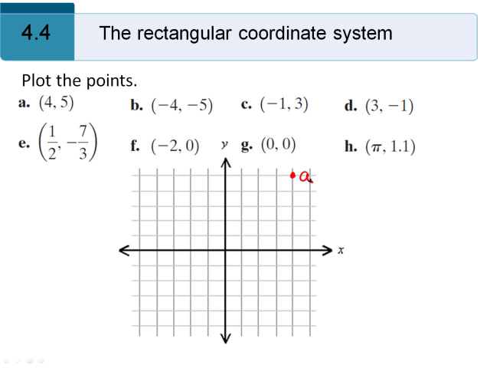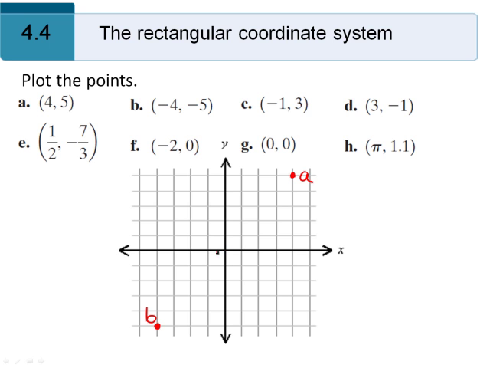Now for point B, we have (-4, -5). So I go to the left for a -4, 1, 2, 3, 4 to the left. And since it's a -5, from that point I go down 1, 2, 3, 4, 5. And my point is down here. That's point B. Now, point C, we have (-1, 3).